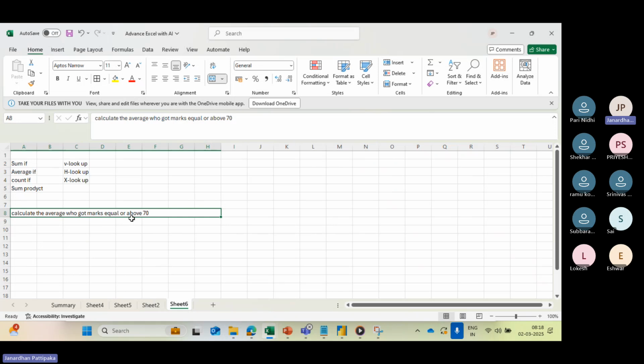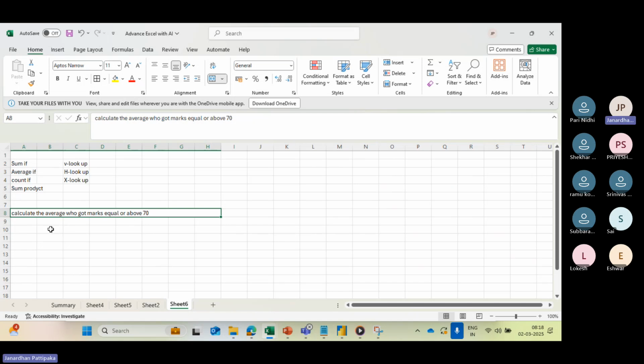Above 70 only, I want to calculate those marks of that person. I don't want to calculate the marks of other persons. I want to calculate for the persons who are getting marks equal to or above 70.